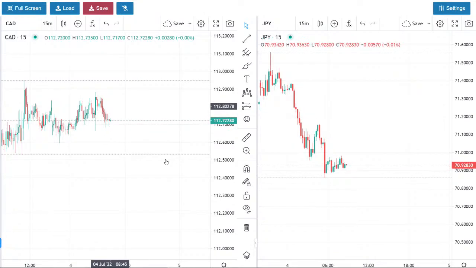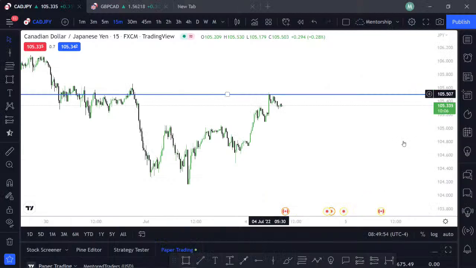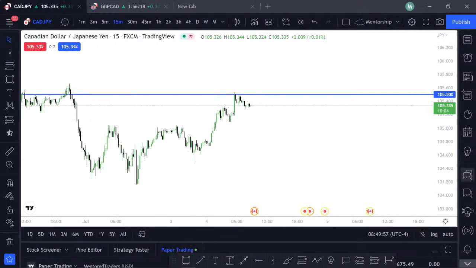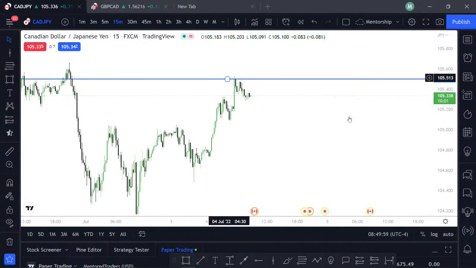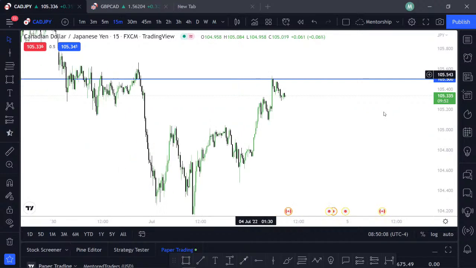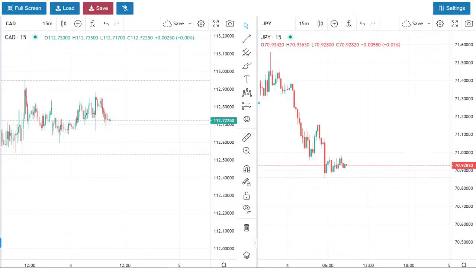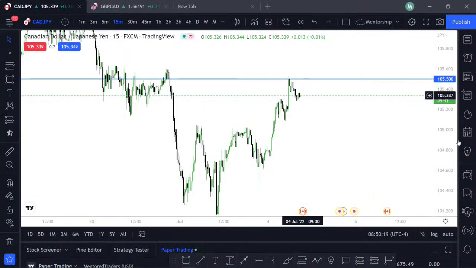Okay, we've been consolidating around the 50 level. The manipulation on the Japanese yen ran to the 50 level, and then it is consolidating down here. So are they accumulating orders to buy? It is possible to see the Japanese yen drop. Then once it drops, this one will buy here. Okay, it will go through. So those are the target points.